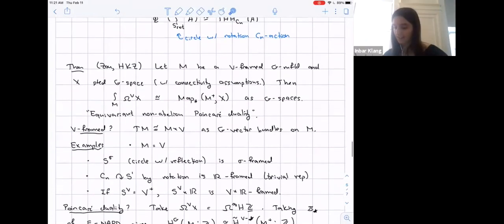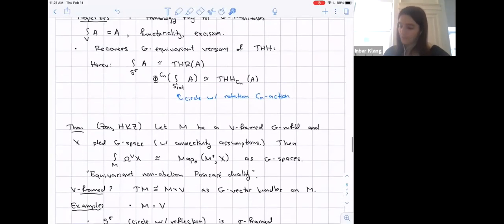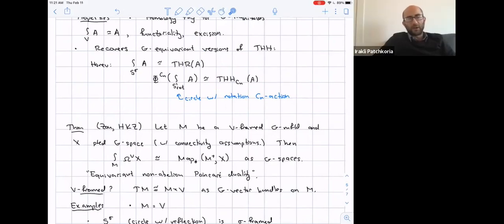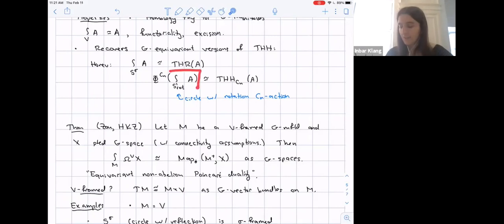Yeah. So let's see. Maybe you mean these C_n relative THH? Yeah, exactly. So in this case, it's not exactly just a factorization homology, but it is the C_n geometric fixed points of the factorization homology.